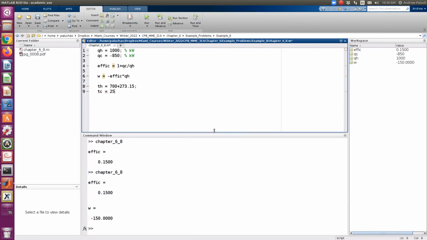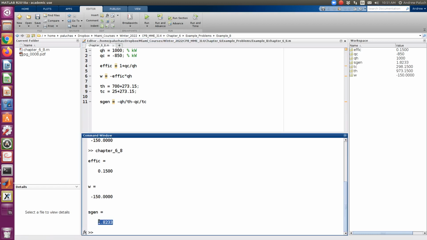TC is at 25 degrees C. I'm going to add to it 273.15 to get that in Kelvin. Then S gen, my heats are in kilowatts, so S gen is going to be kilowatt per Kelvin. So S gen is negative QH divided by TH minus QC divided by TC.